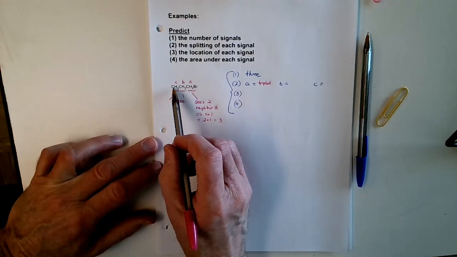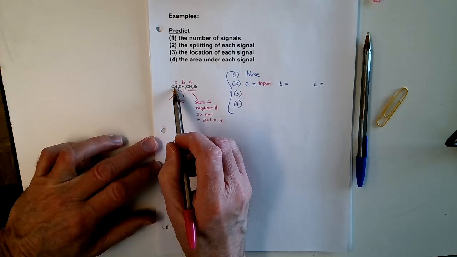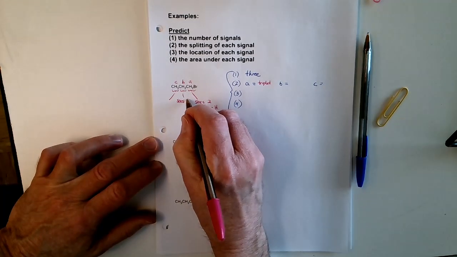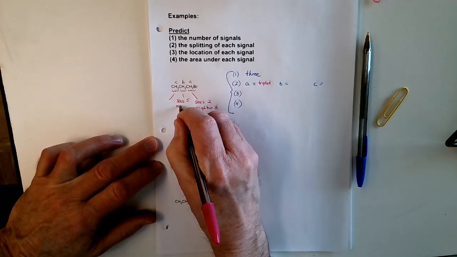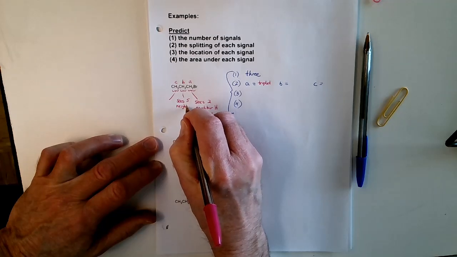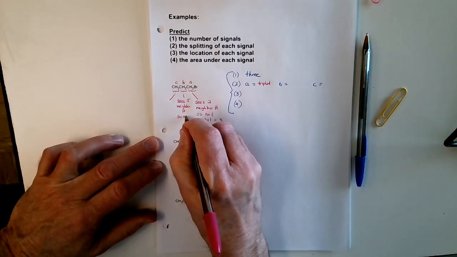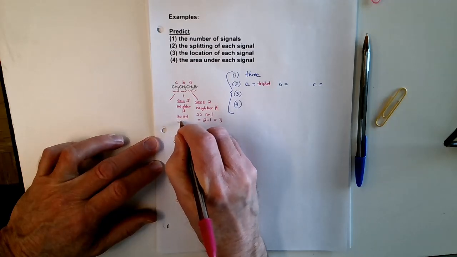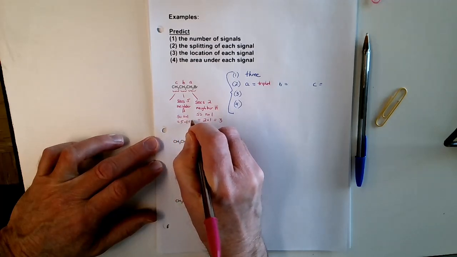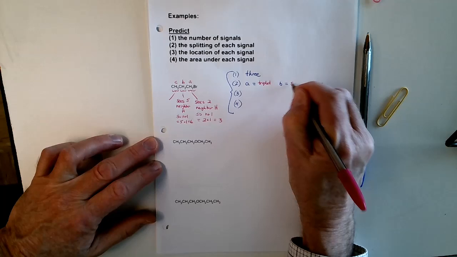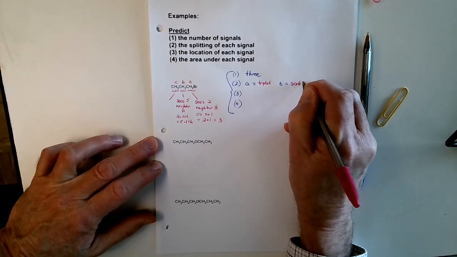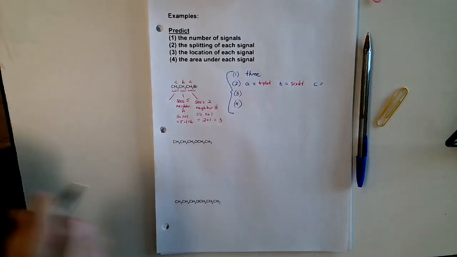If you go the other way, you've got a neighbor carbon that has 3, for a total of 5. This one sees 5 neighboring hydrogens. So this one, n plus 1, equals 5 plus 1, which equals 6. This one is a sextet, meaning 6. Split into 6 lines.